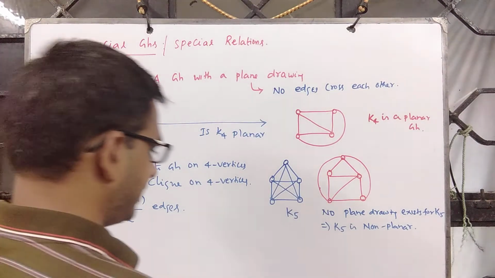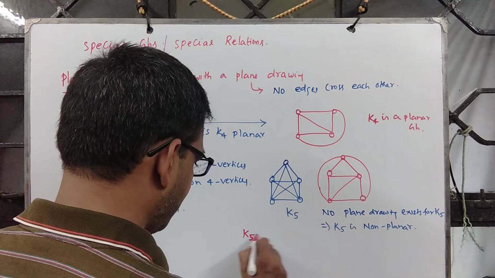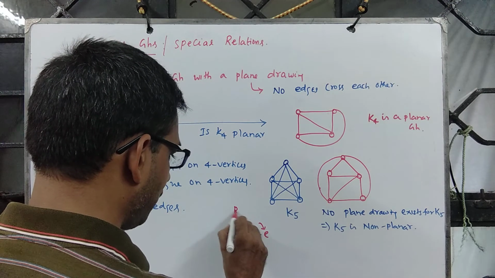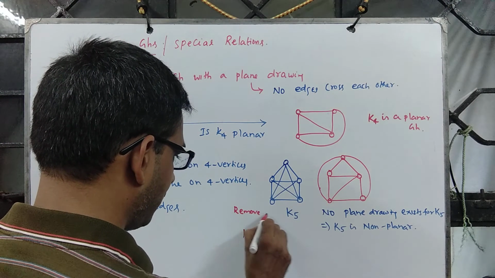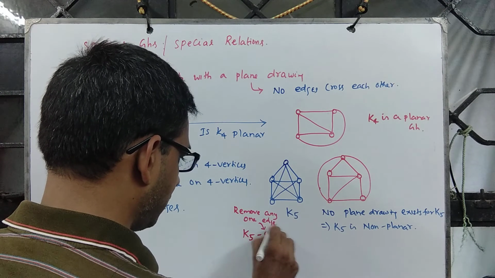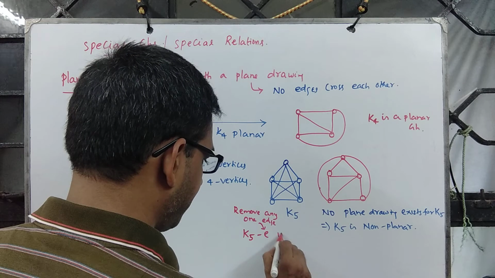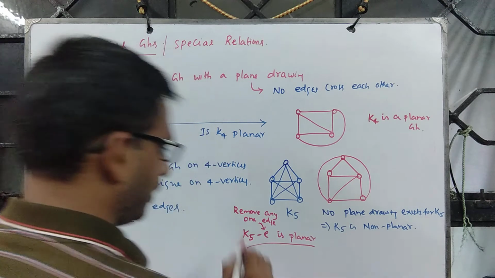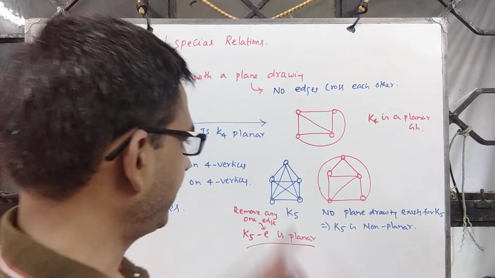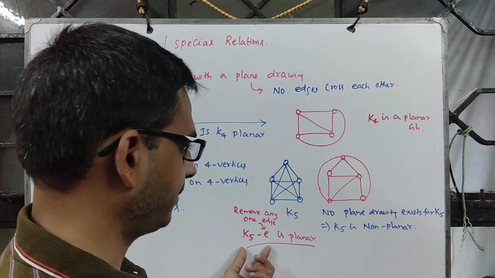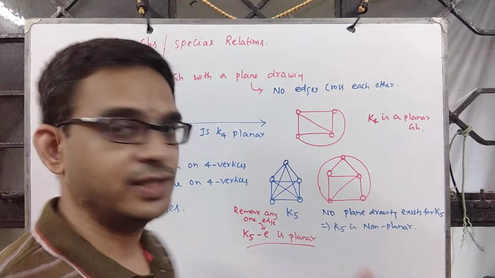So interestingly, K5 minus E, where E means removing any one edge, is planar. You just remove any one edge from K5, that graph we denote as K5 minus E. K5 minus E is planar.